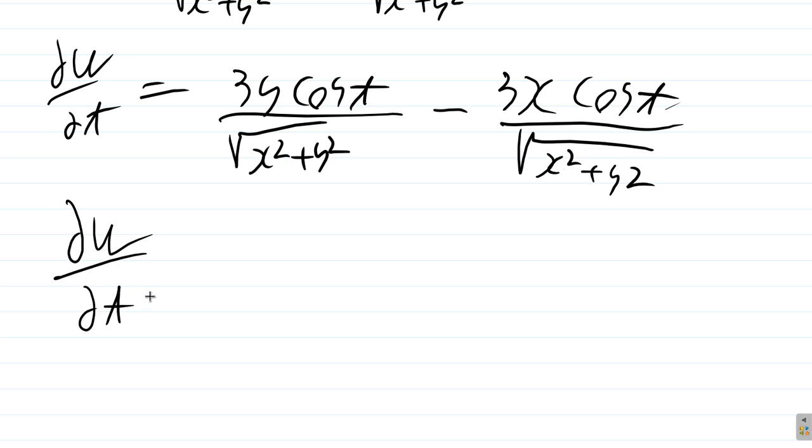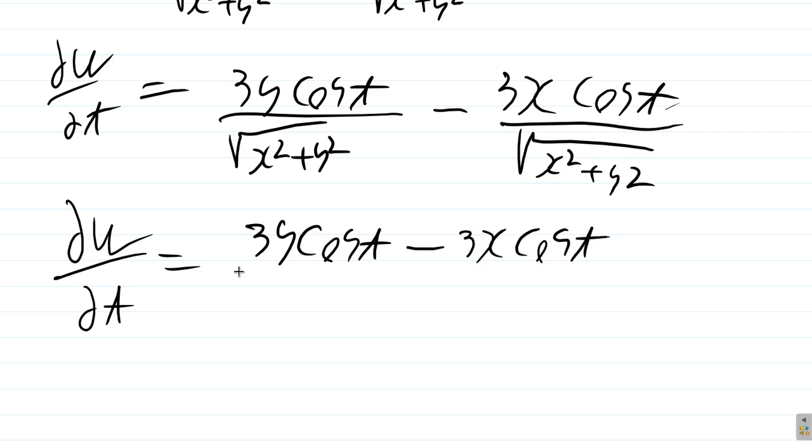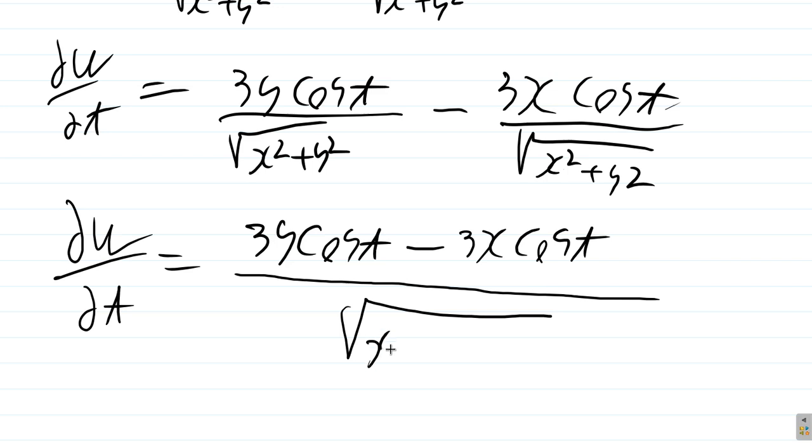Partial w by partial t equal. You remember, when you have something over a number as a fraction, plus or minus something over the same number, you just put them together and put them over the number. So this is 3y cos t minus 3x sine t over the square root of x squared plus y squared.